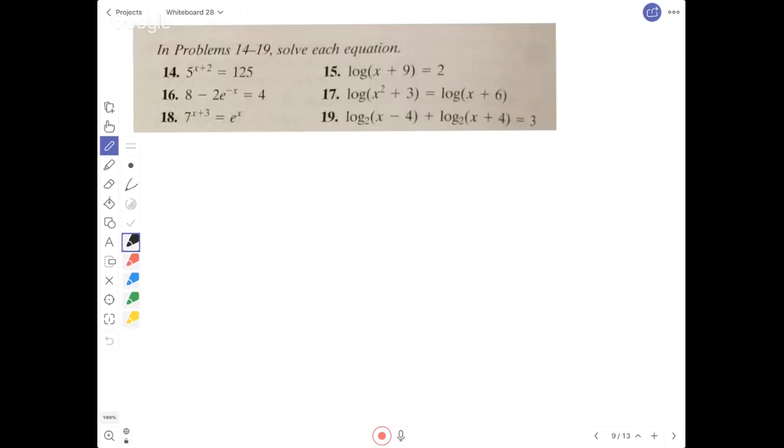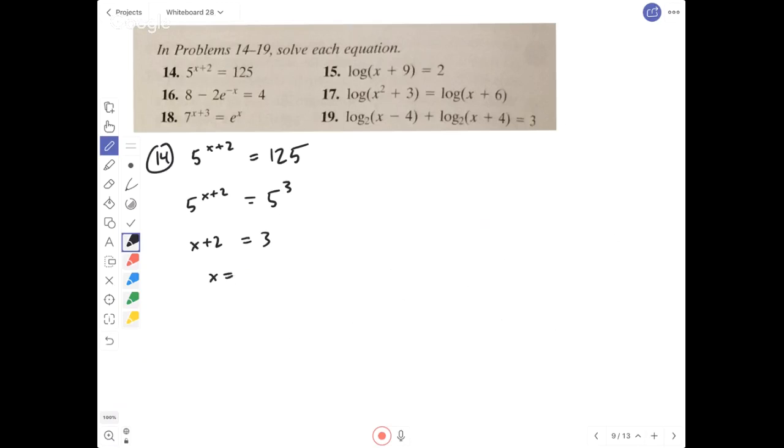to solving some equations. How nice and easy. Okay, 14. 5 to the x plus 2 equals 125. So let's just solve it this way. 5 to the x plus 2 equals 5 cubed, because 125 is 5 cubed. So x plus 2 equals 3.